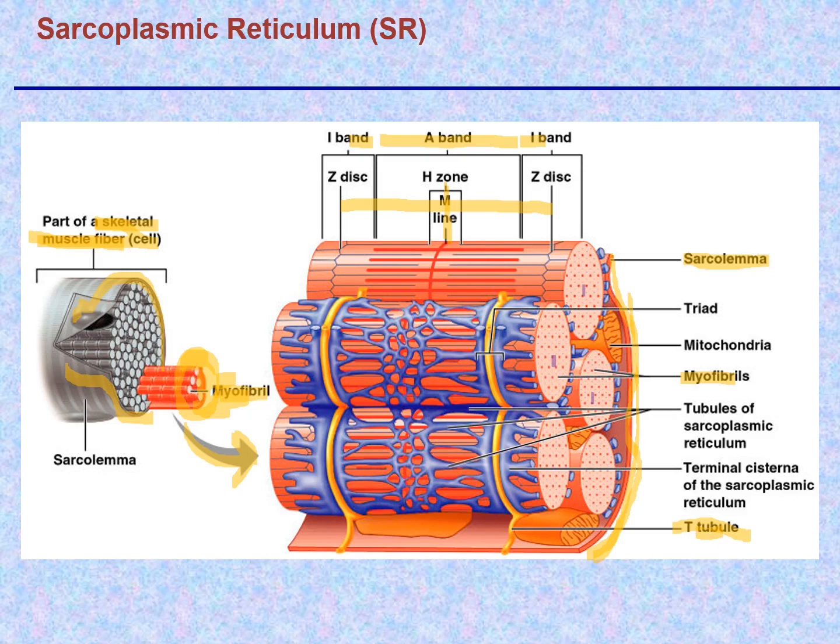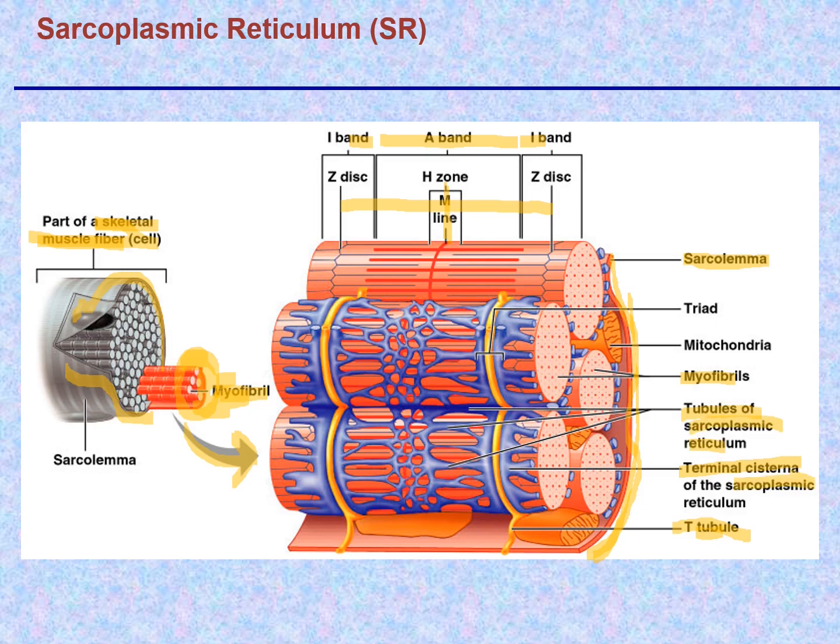So what we see is that there are these T-tubules that run down into it. They are associated with terminal cisternae of the sarcoplasmic reticulum. And then the sarcoplasmic reticulum goes out and forms a mesh-like network all over the myofibrils. So you have these tubules of sarcoplasmic reticulum.